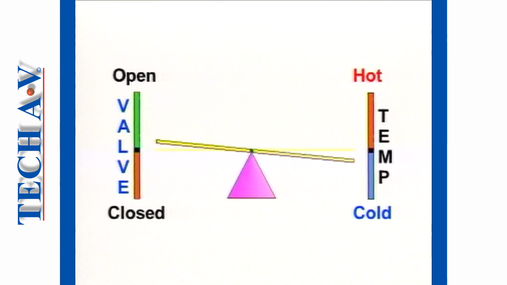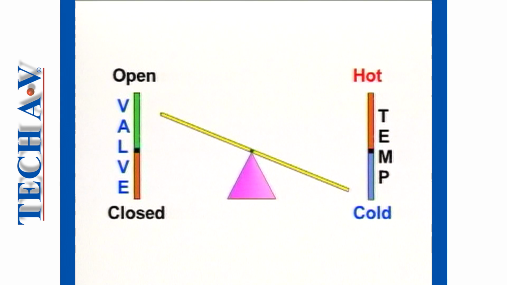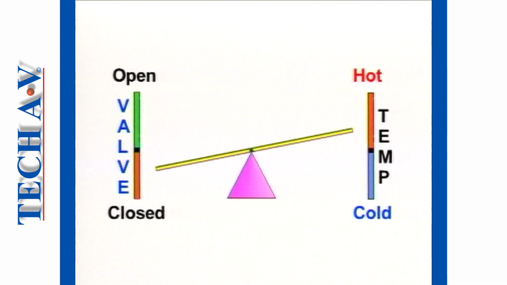In our representation, a drop in temperature will result in an equivalent change in the valve's position. That is, a temperature drop will result in an equivalent or proportional valve movement towards its open position. Likewise, a temperature increase will result in a proportional valve movement toward the valve closed position.